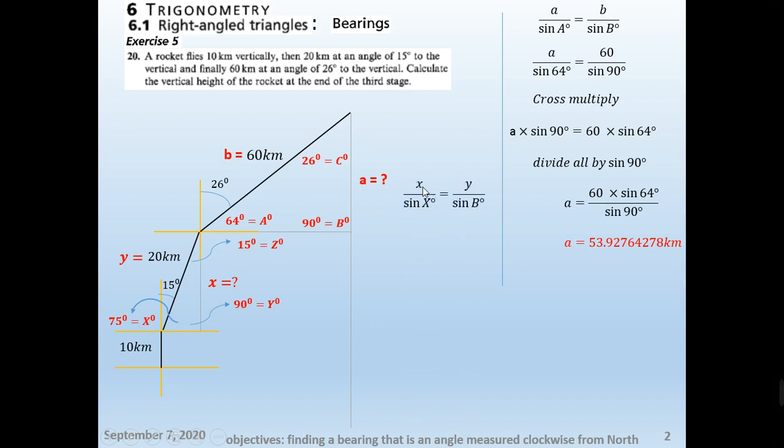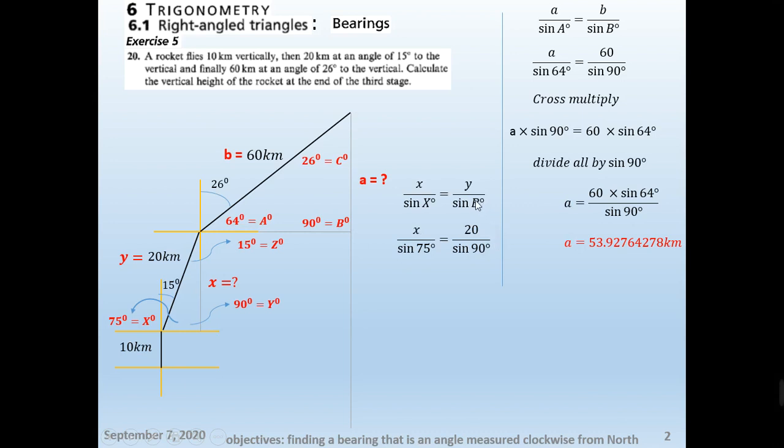So x small, side of x, over sine angle x capital is equal to side y over sine of y. Sorry, can you correct this one? Sine y capital. Let's substitute here. So y, as we can see, is 90 degrees.